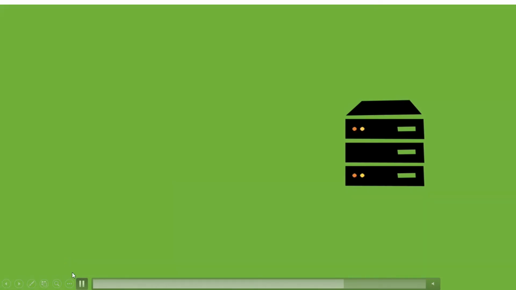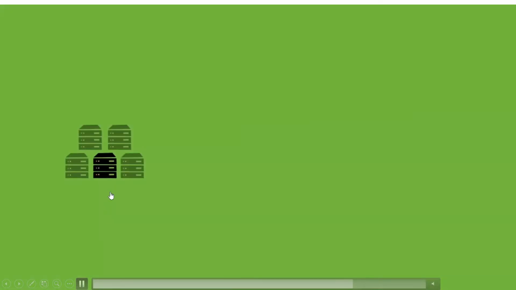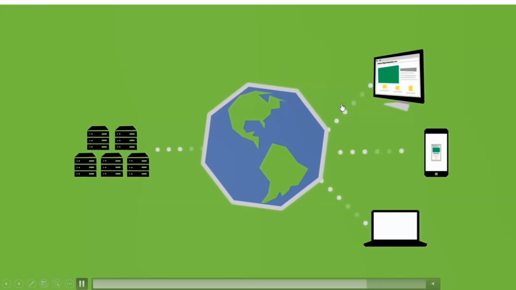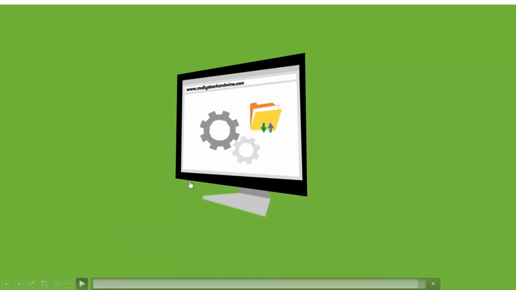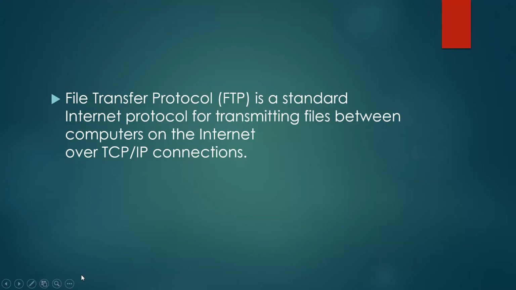The client can upload files to the server, as well as the server can send files to the clients, and the clients can perform various operations on the files such as modification, deletion, copy, etc. The file transfer protocol can thus be defined as the standard internet protocol for transmitting files between computers on the internet over a TCP/IP connection. Thank you.